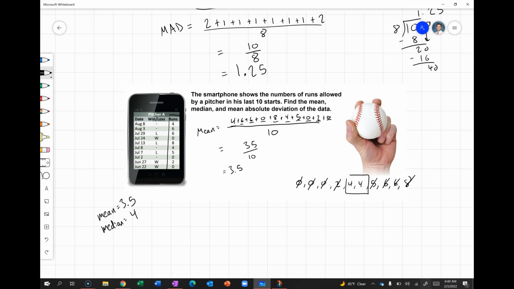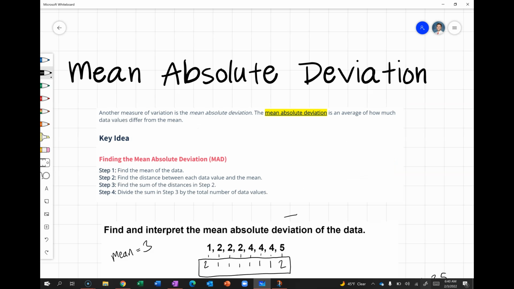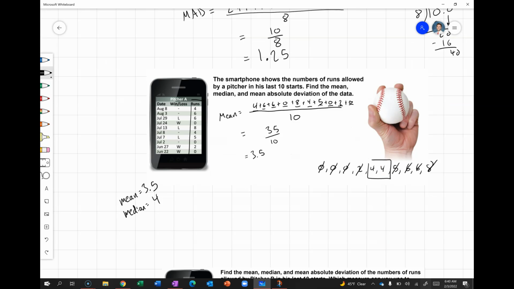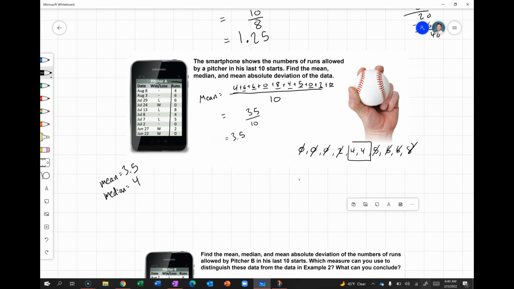And then to find our mean absolute deviation, right, we're going to find the distance that each of these data points is from 3.5. So I'll make myself a little table here. I'm just going to say data and distance.